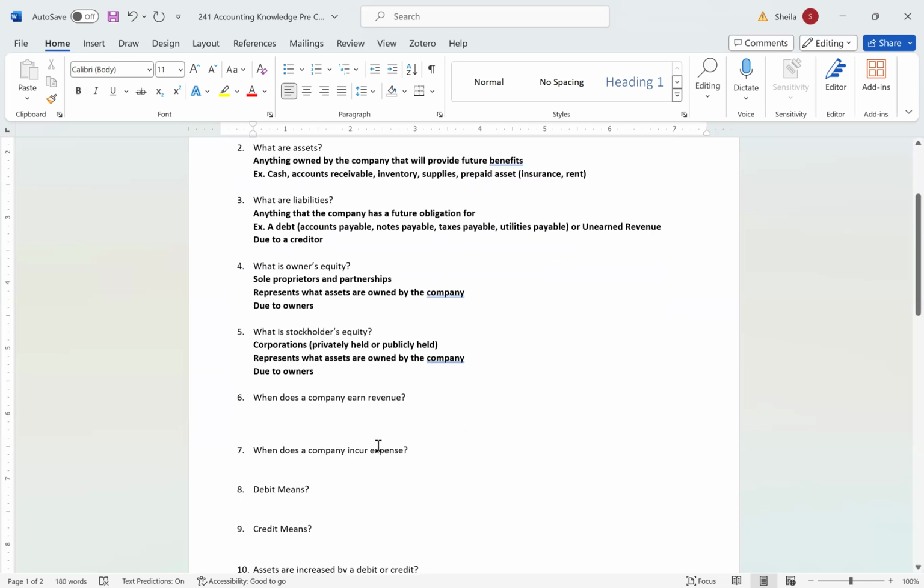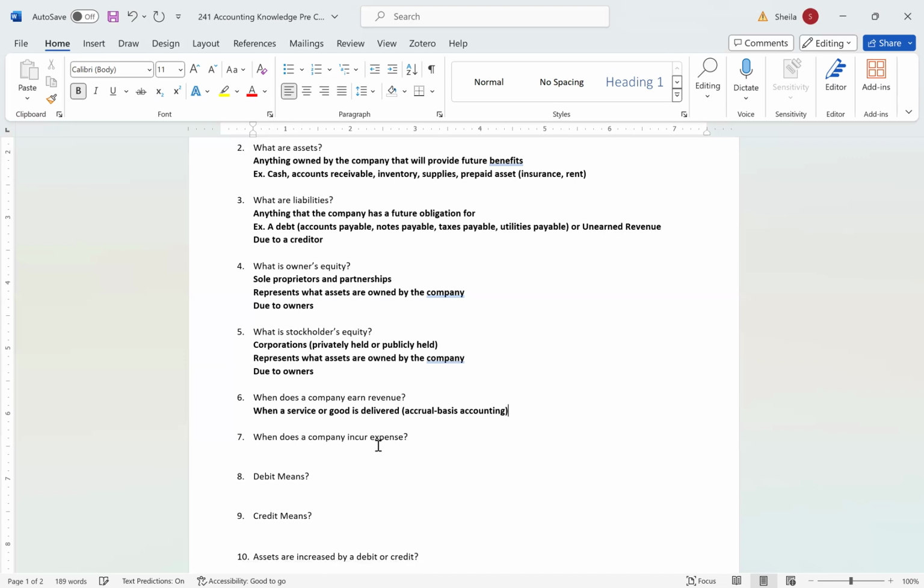When does a company earn revenue? A company earns revenue when a service or good is delivered. Now, one thing we're going to be learning a lot about is accrual basis accounting. Accrual basis accounting says it does not matter if cash has been received. We have earned revenue as soon as that good or service is delivered.